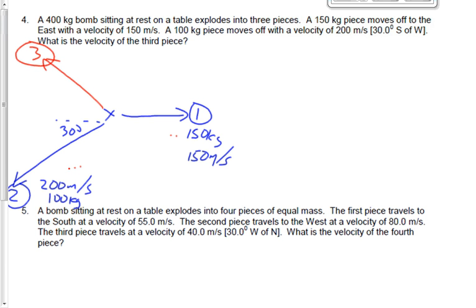Okay, let's figure it out. That mass is going to be, what, 150 kilograms? 400 kilograms minus 100 minus 150. Got a funny angle here. I don't like it. Let's go off to the side here. 30 degrees, x, y, 200 meters per second.